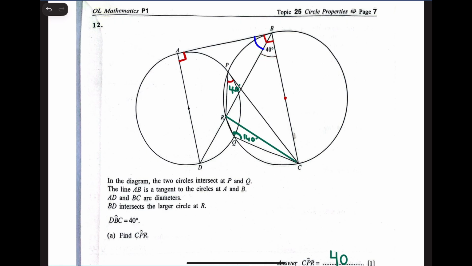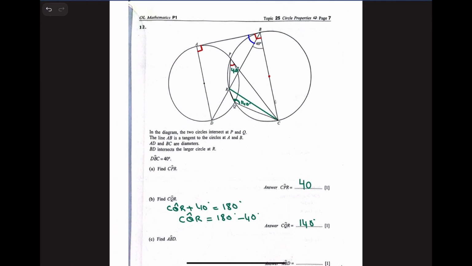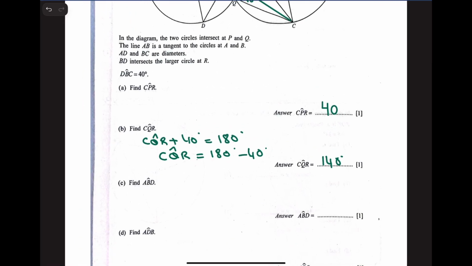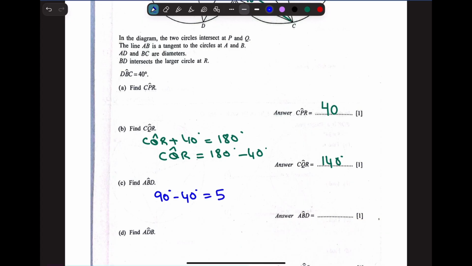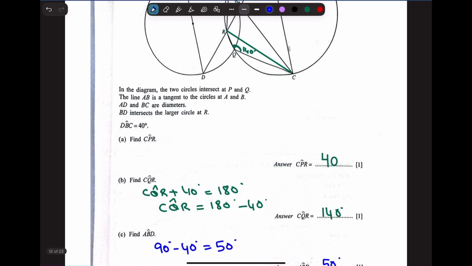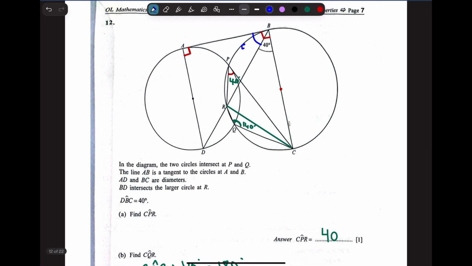So all we have to do is subtract 40 from 90 and we will have this angle. So ABD is 90 minus 40, which gives us 50 degrees. So angle ABD is 50 degrees.